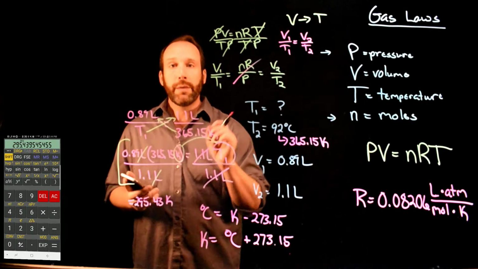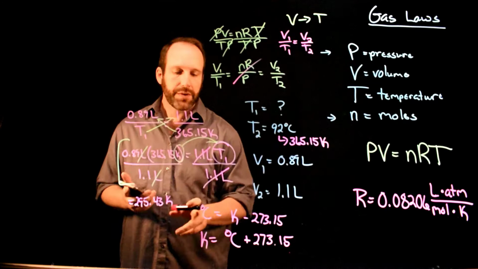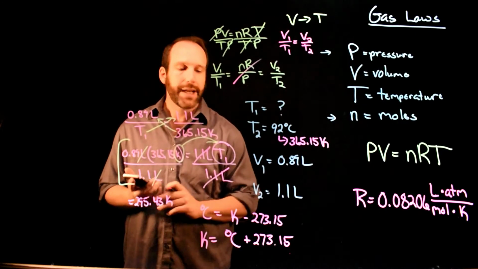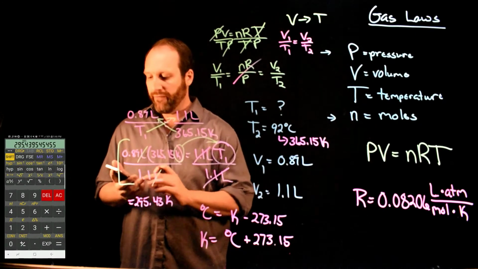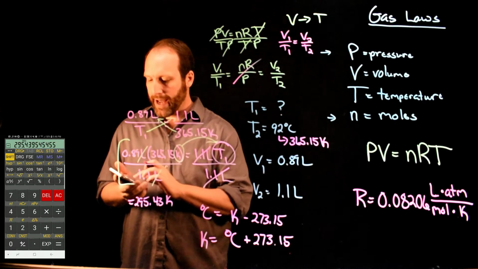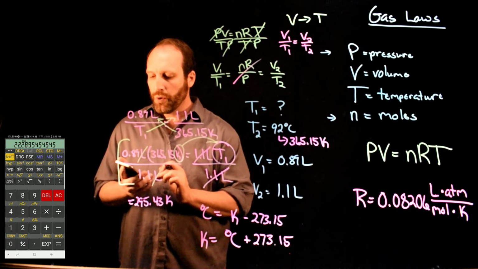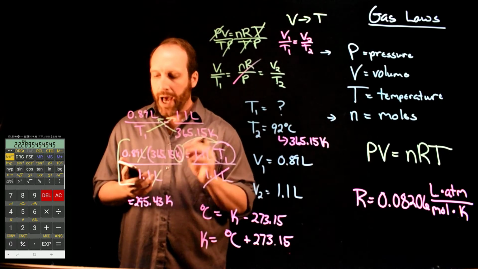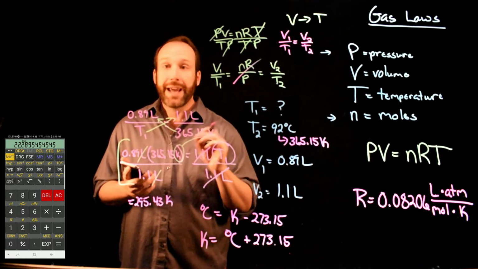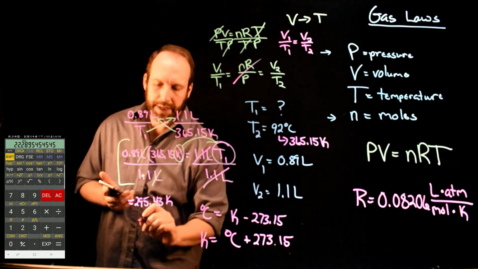But remember, I'm going to want to put this into Celsius, right? So degrees Celsius is Kelvin minus 273.15. So I can just subtract 273.15, and I get 22.29, or say 22 degrees Celsius.